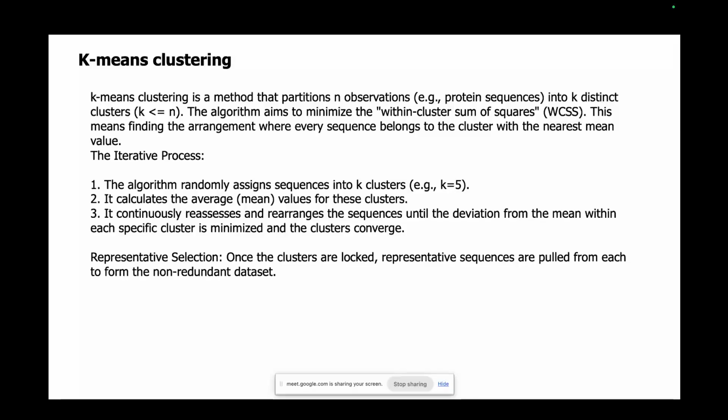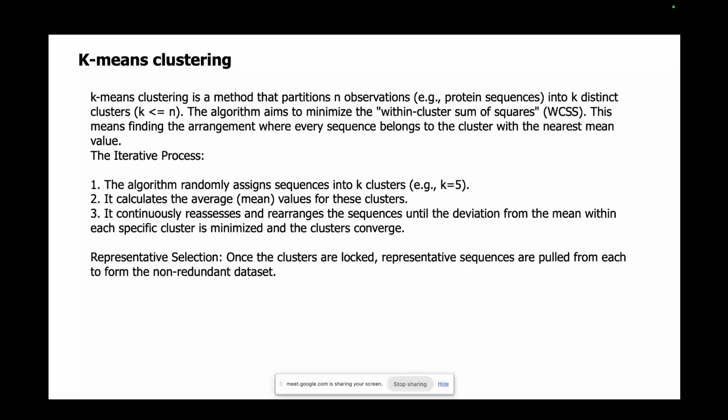Now you calculate mean values for these clusters, right? What is the mean? The mean would be based on the distance metric or the similarity metric that you are defining. That is the parameter through which you are doing the clustering. So you calculate the average values. In this case, the values are your distance or similarity matrix, and you calculate the mean of these clusters.